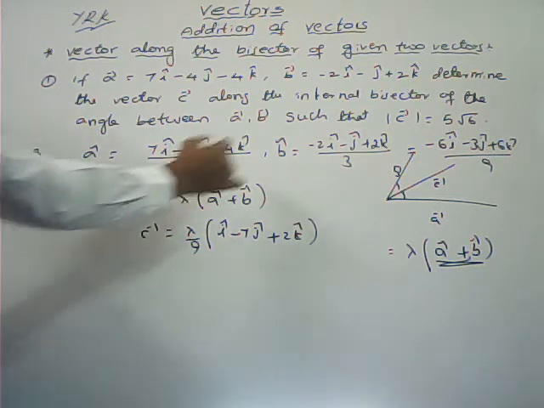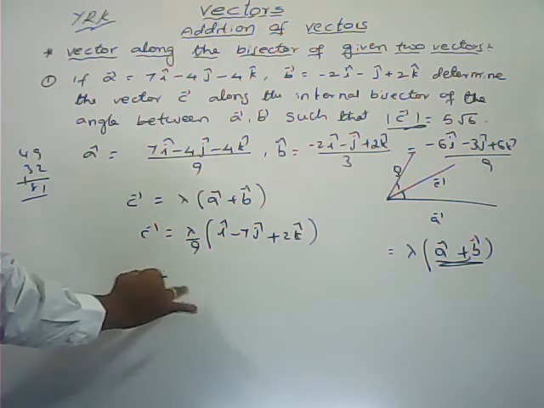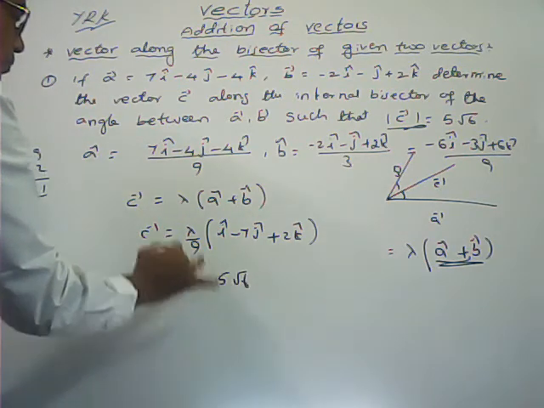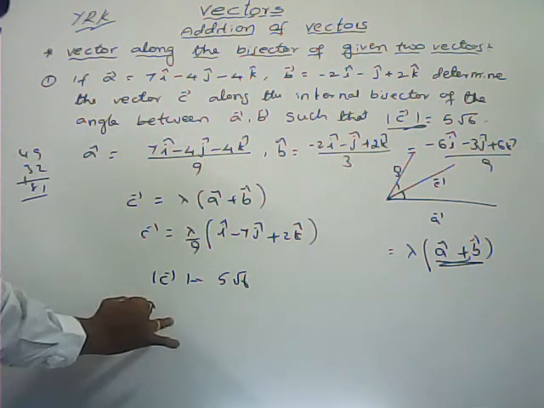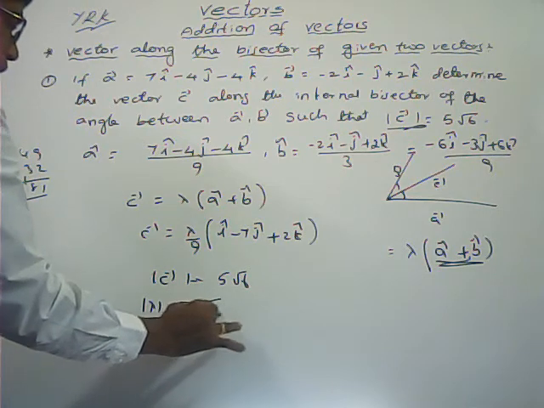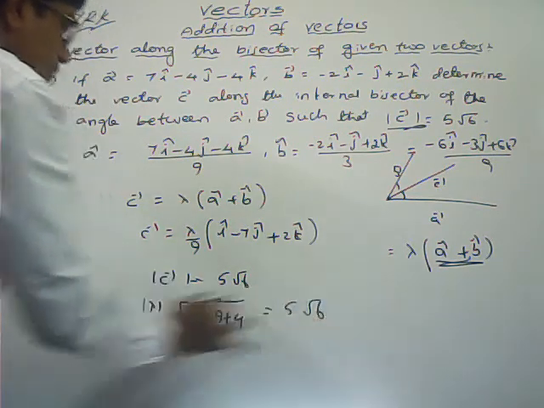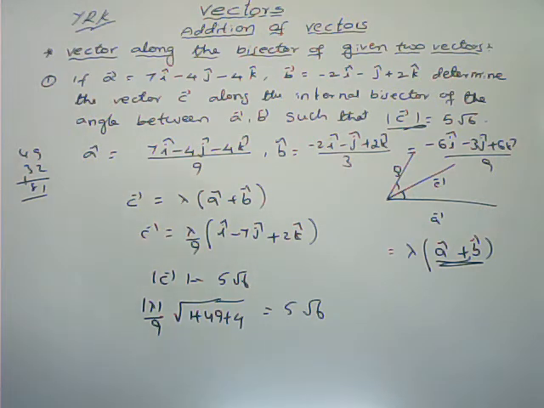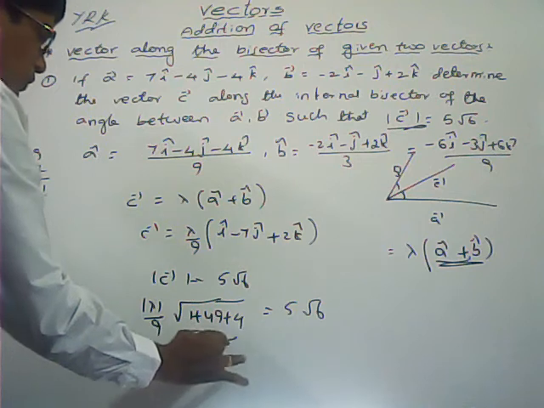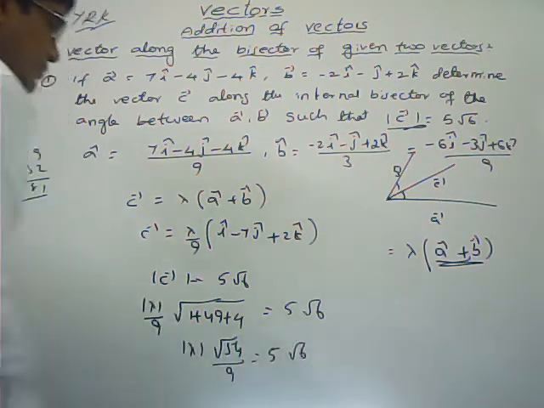Now modulus of C bar, to get the lambda value, here one more condition is also given. Modulus of C bar is equal to 5 root 6. Modulus means modulus of lambda by 9 into square root of 1 plus 49 plus 4, that is equal to 5 root 6. 49 plus 5 is 54. Modulus of lambda root 54 upon 9 is equal to 5 into root 6.